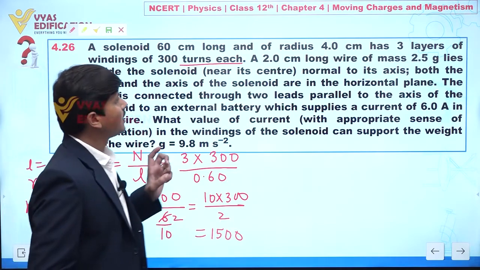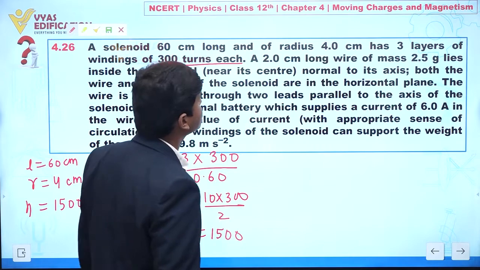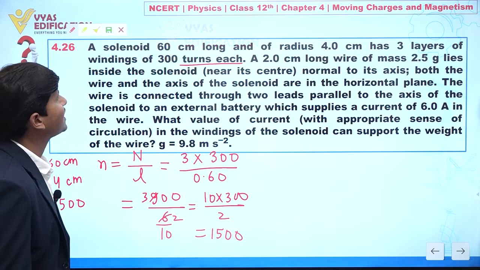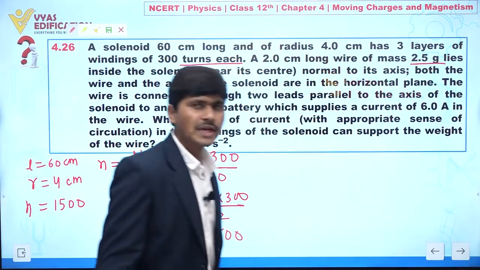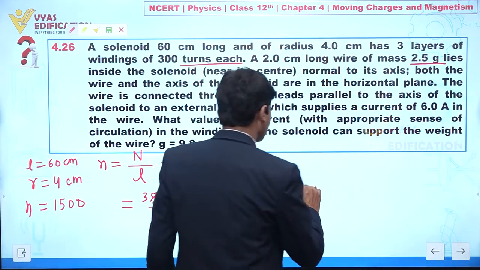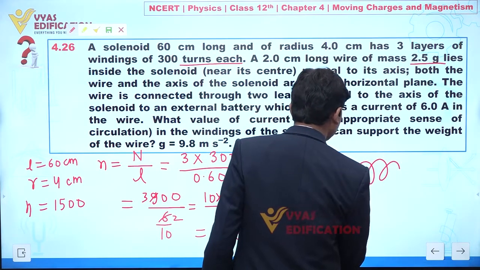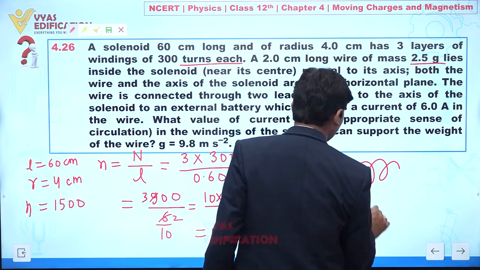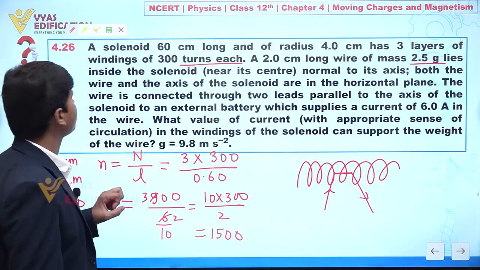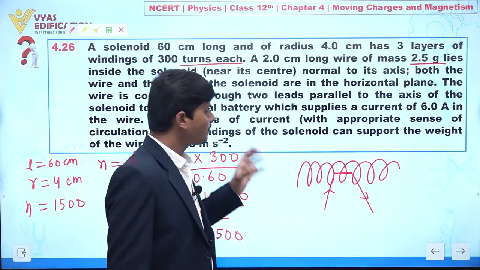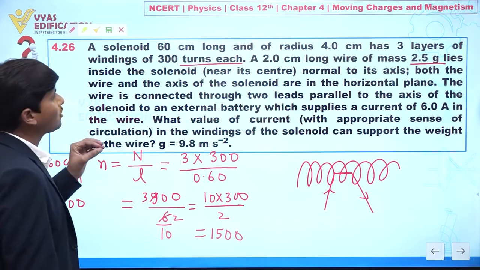Next, it is also given that a 2 centimeter long wire of mass 2.5 gram lies inside a solenoid. This is very important. So we have a solenoid, and inside this solenoid, let's suppose we are placing a very small wire, and this small wire is connected with an external battery. The magnetic field is perpendicular to this wire.